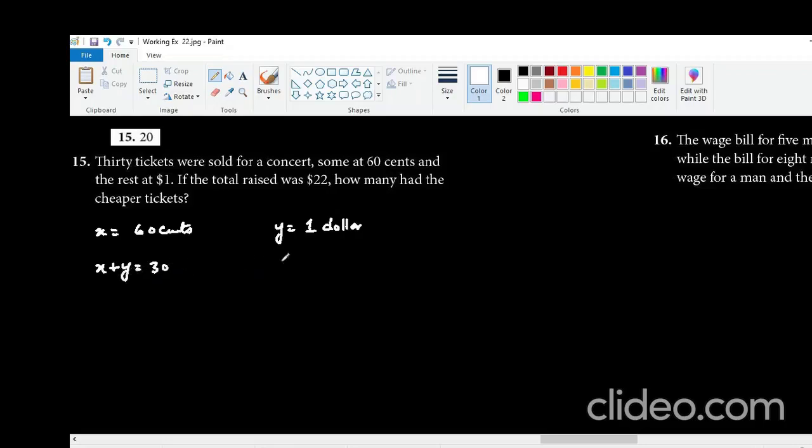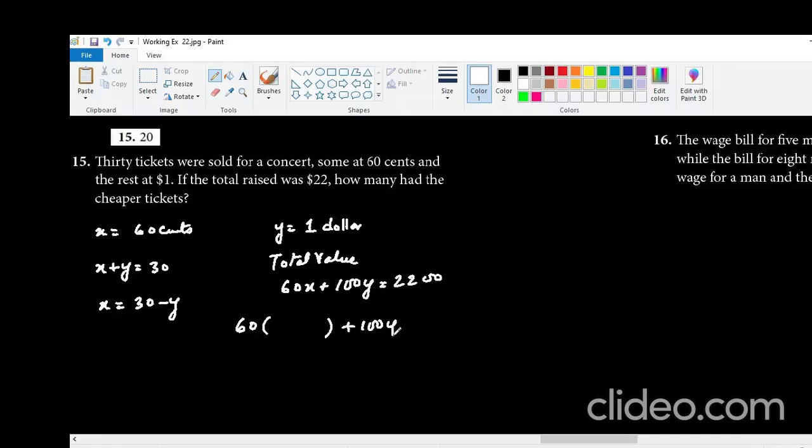For total value, the equation is going to be 60x plus 100y equals 2200. I have replaced $22 with 2200 cents.